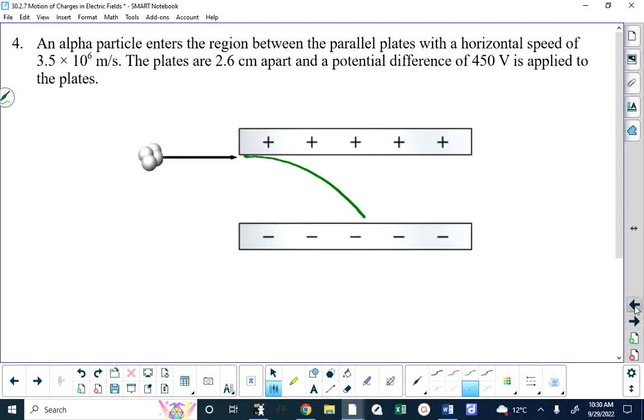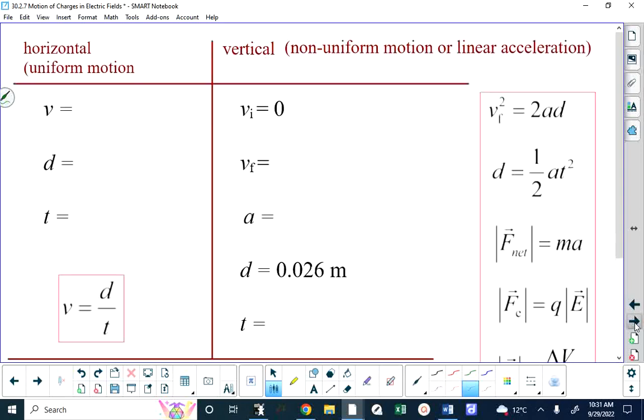The alpha particle will do that, splat. If you set this up, you know this speed, you want to find this distance, and I'm going to leave this up so you can process it.